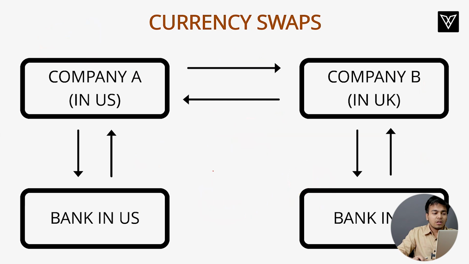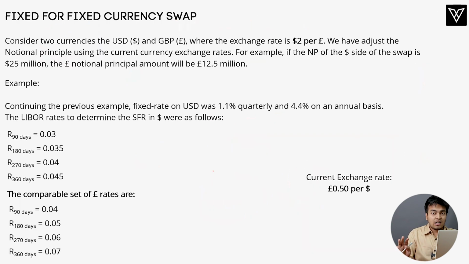Starting with it, I'll take an example. It is a continuation of what we studied before. I'll be taking this same previous example forward, and we'll understand how exactly things work. Consider two currencies, the USD and the GBP, where the exchange rate is $2 per pound. We have to adjust the notional principal using the current exchange rates.